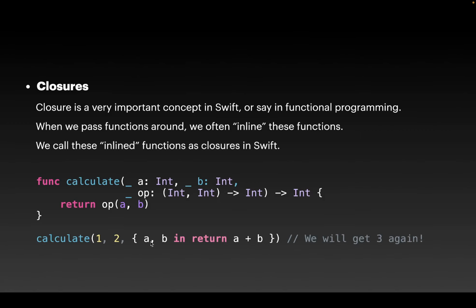Inside this, a and b are the parameters that the function takes, and we use the in keyword to separate the parameters of your function from the body of your function. Again, I use return to add these two things up. Okay? Again, we got a 3 because it's essentially just the add function, but we simplified lots of things. We inlined the add function into calculate.